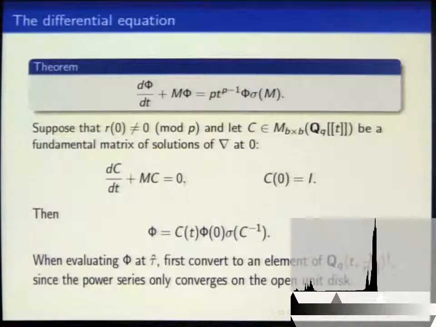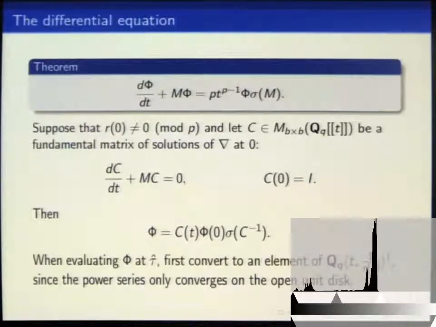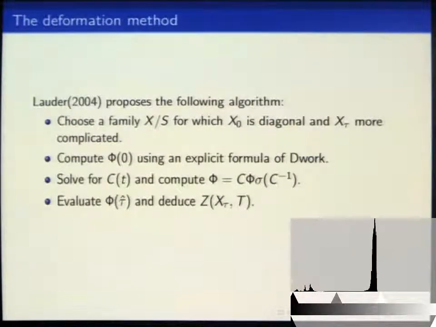But you also know that phi is an element of this ring of overconvergent functions, so you just have to convert it to an element of this form, and then you can evaluate. You have to multiply by a large enough power of R, and then you converge. I just wanted to mention this subtlety because lots of people get confused by this. When Sebastian wrote his first implementation of the algorithm, this was wrong, for example. He evaluated it straightforwardly.